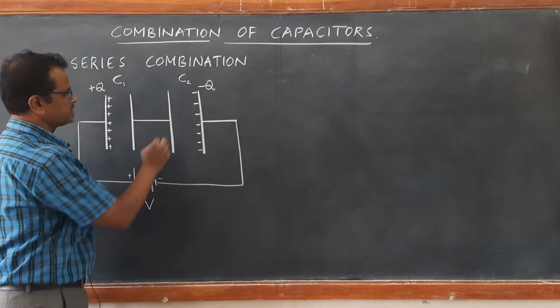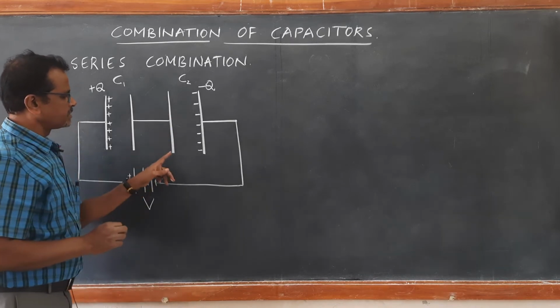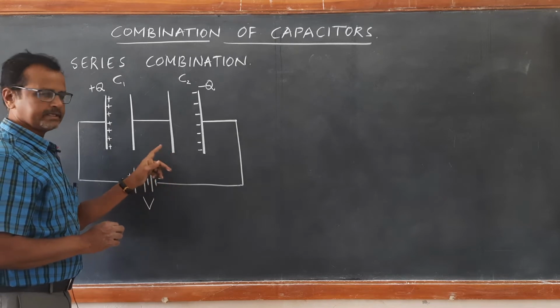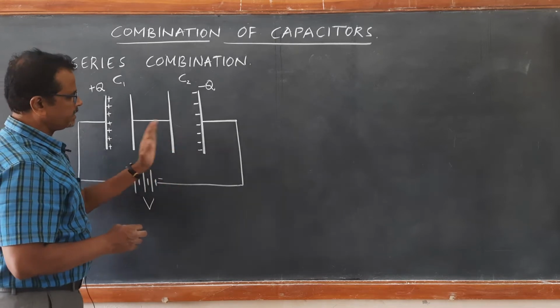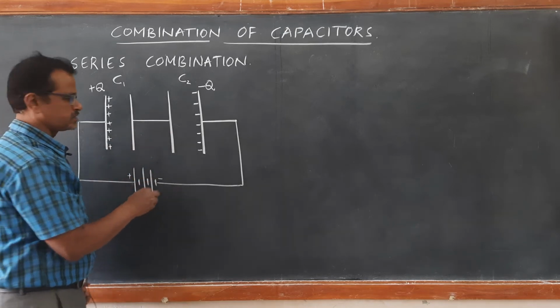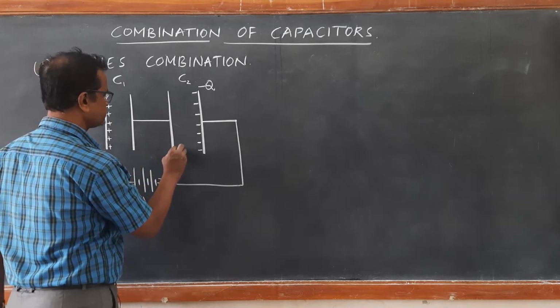As a result, since the immediate plate here is a conductor, it induces the opposite charge. Charging by induction takes place with opposite charge.